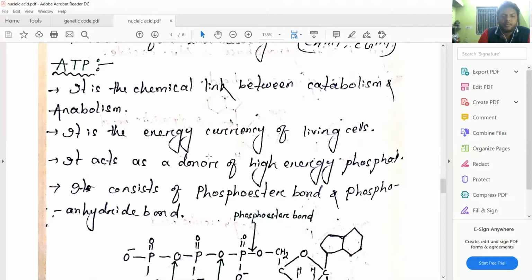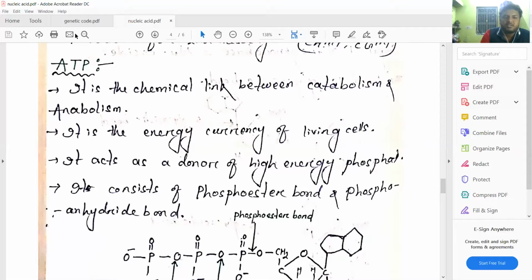Another point: since ATP is adenosine triphosphate, it contains 3 phosphate molecules, so it can give a phosphate molecule to another molecule. If it gives a phosphate ion to another molecule, then that particular molecule will be activated.